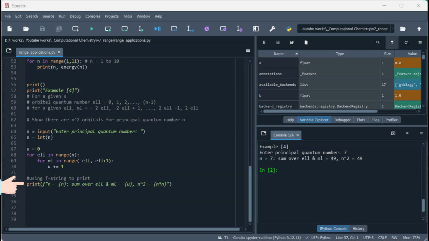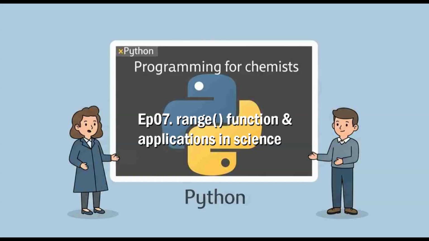Print the result and compare: print n equals n, sum over l and ml equals u, n squared equals n times n. You'll see the calculated sum u is indeed equal to n squared. The range object-based iteration makes demonstration of these quantum relations straightforward.